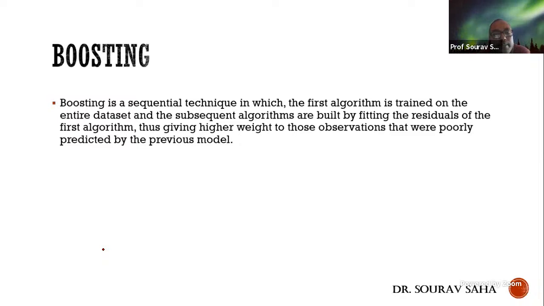Boosting, as I said, is a sequential technique. So bagging was a parallel process. Boosting, by the way, is a sequential technique, in which these algorithms are trained on the entire data set, right?